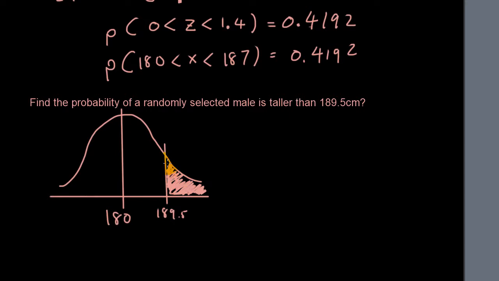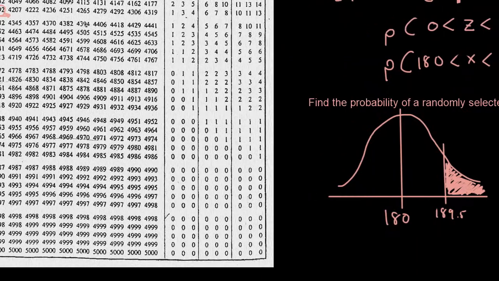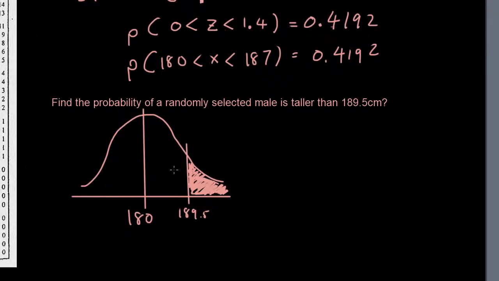So we need this area under the curve. But if we have a look at the table, it only tells us the probability of the student being between the mean and a certain z-score.